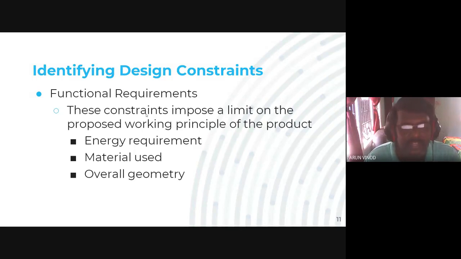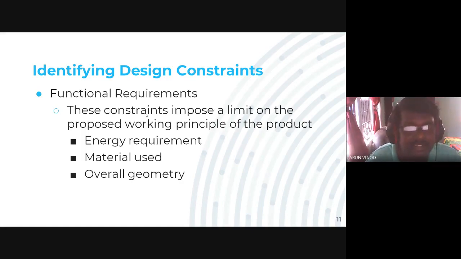If you are asking for a product which requires a battery, what is the life of the battery? Whether it will last one day, two days or three days, we have to list that out. So before designing, you have to check the energy requirement of the product.